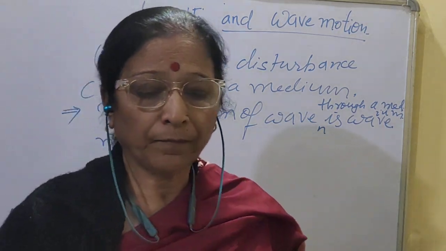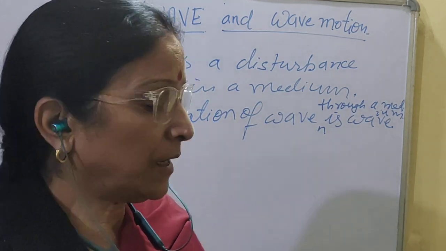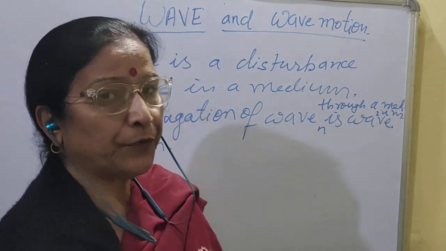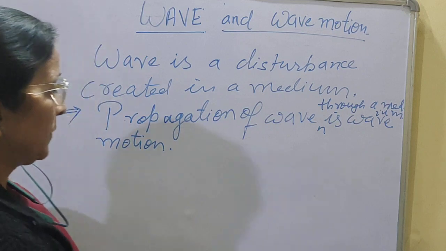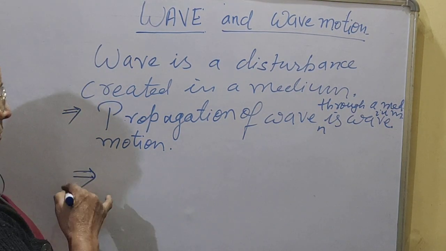Okay. Now how many kinds of wave motion are there, that we will study. Suppose you understand only one type of wave, then the next type we will study the next day.